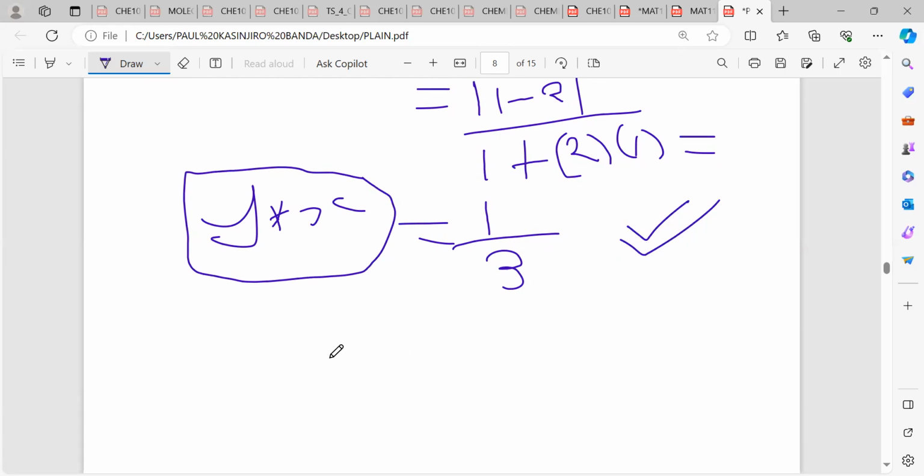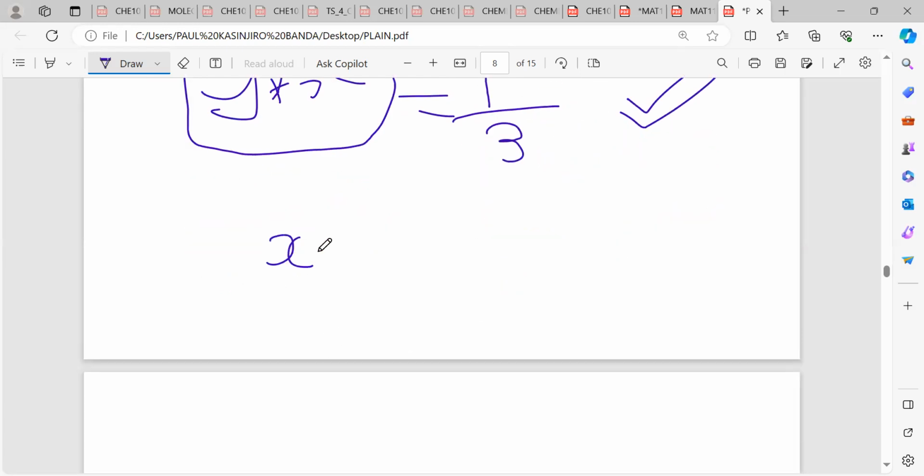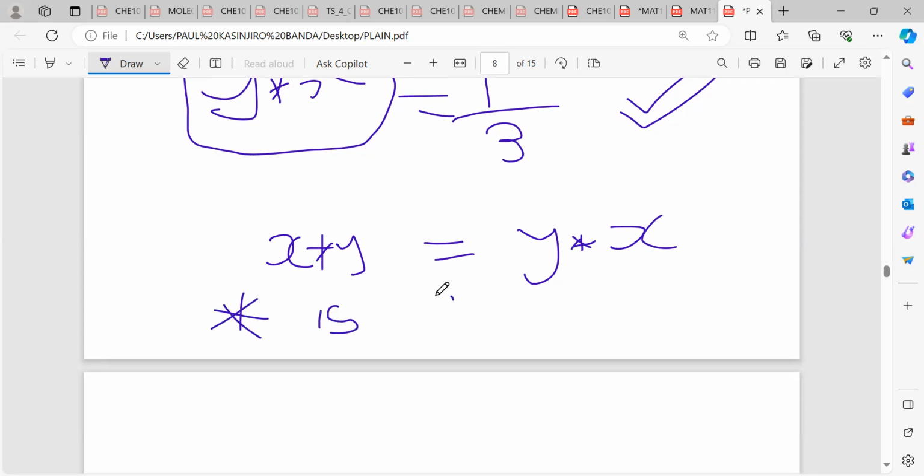So since x star y is equal to y star x, then the star is commutative. Okay, the word commutative, you write it in capital letters like that. Commutative.